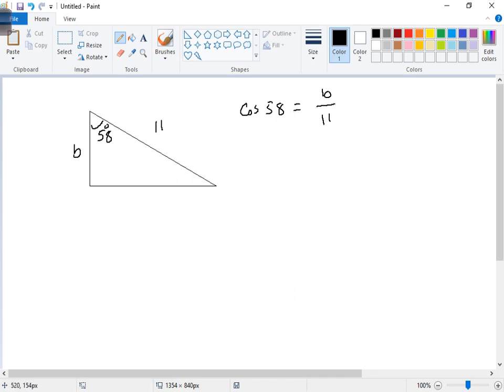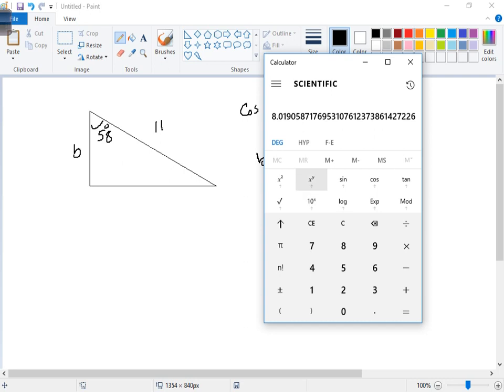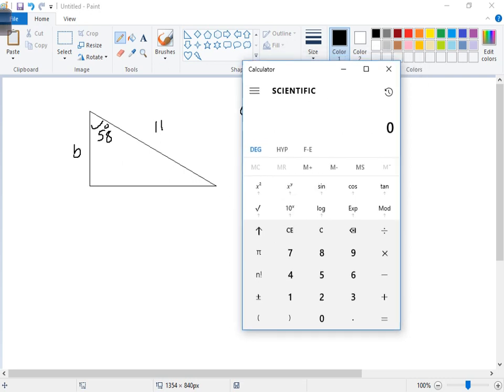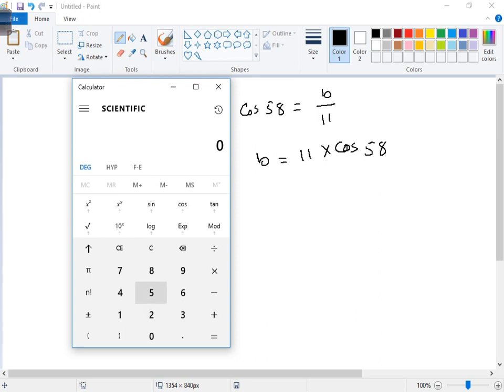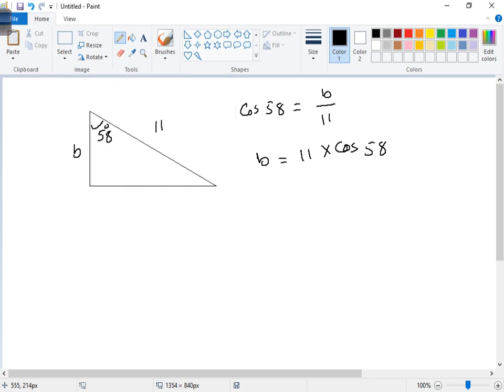Change the subject in respect to B: B equals 11 times cosine 58. From the calculator, 58 cosine, gives us this number, times 11, and the answer is 5.8. So B is equal to 5.8 centimeter.